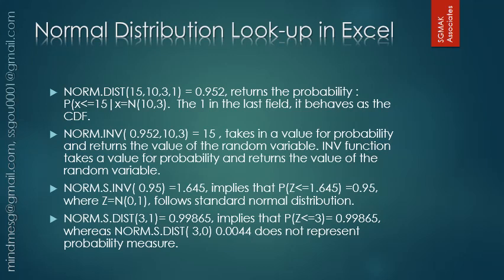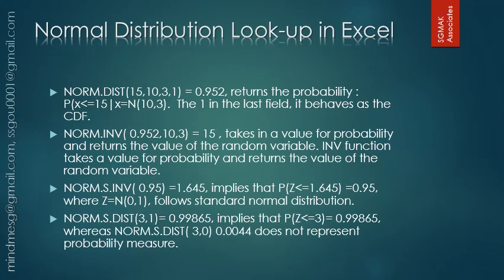If you connect the first line with the second one, you can see norm.inverse 0.952, 10, 3 returns a value of 15, as expected. So the input is the probability value 0.952 from a distribution with mean 10 and standard deviation 3, and the value of the random variable corresponding to that probability is 15. It takes in a value for probability and returns the value of the random variable.